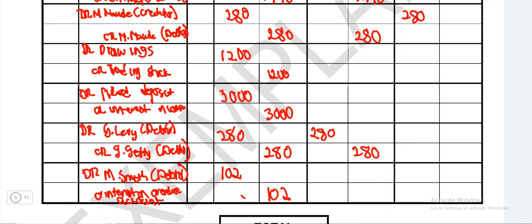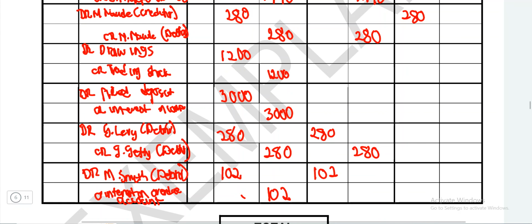Okay, so now we need to check. A person is charged interest on overdue, and their relationship with us is that they are a debtor to us. We need to think about this. Does this increase the debtors control or not? It definitely does. So it means that we'd have to debit also the debtors control. So it would come on the debit side here.